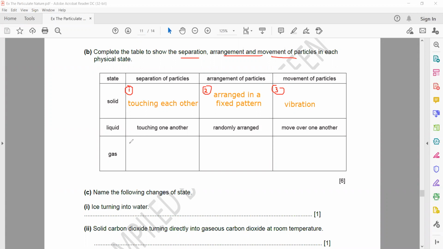What about gases, the separation of the particles? What should we write? So I can write the particles are not touching each other. The arrangement of the particles in gases.